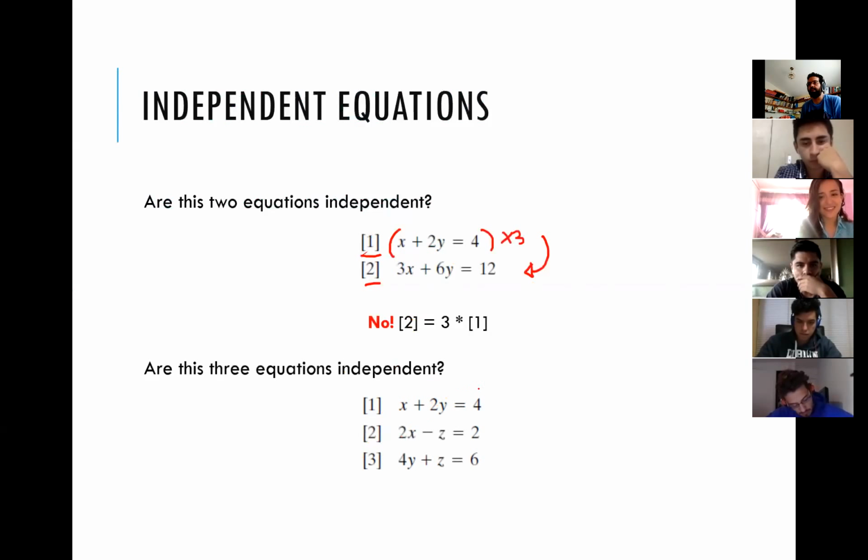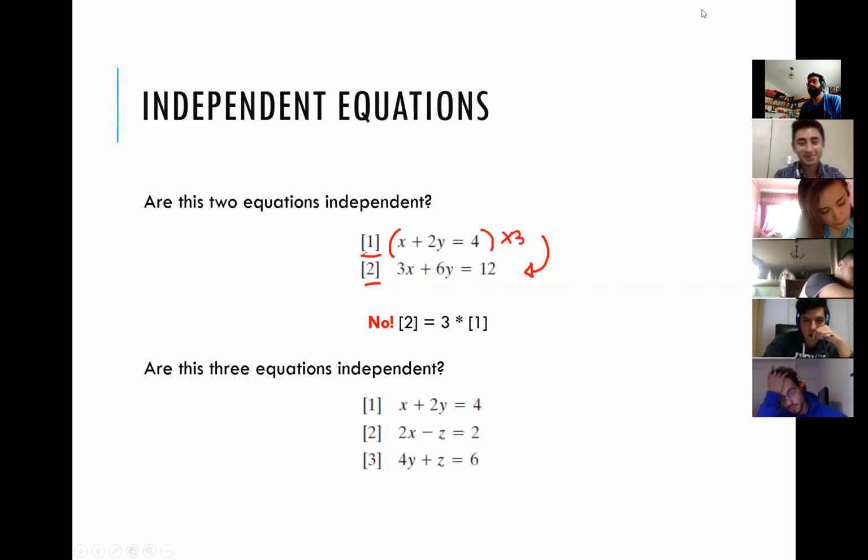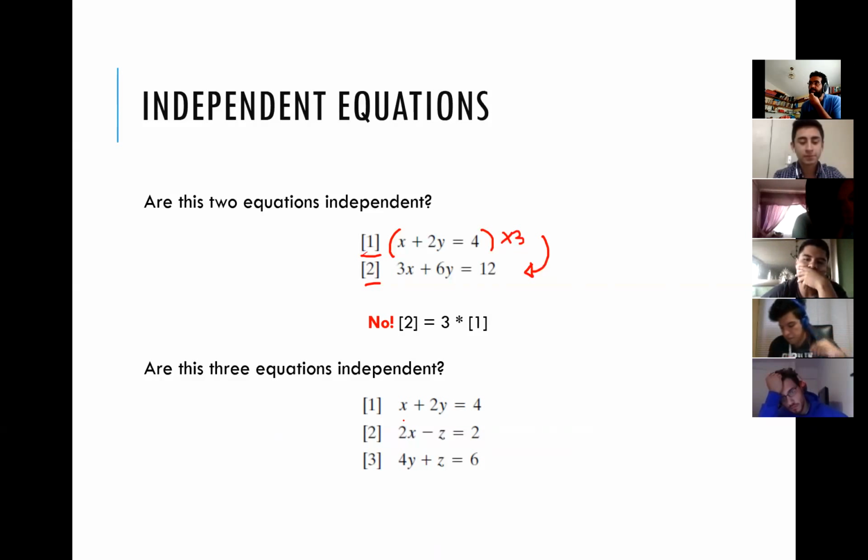Is there anything we can do to this equation or this one, or adding these two equations, or what, right? That's the whole point. So, did you arrive at anything? Any result?